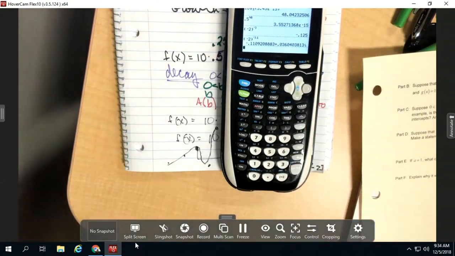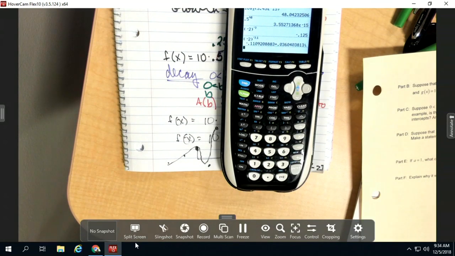See what it says? It says negative 0.1109208883 plus 0.3, and then at the end of that it says I. I stands for, nobody's ever taken complex numbers? Imaginary number. So it's an imaginary number. You can't even graph it.